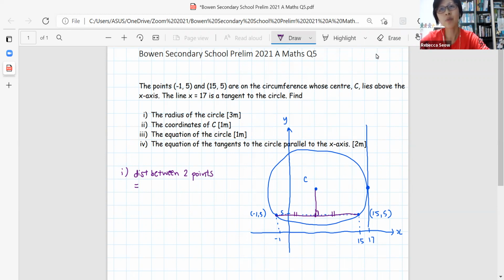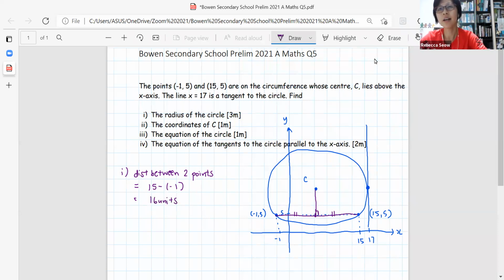Recognize that both y-coordinates are 5, so we just need to take the difference between the x-coordinates. That makes 15 subtract -1, so this gives us 16 units.